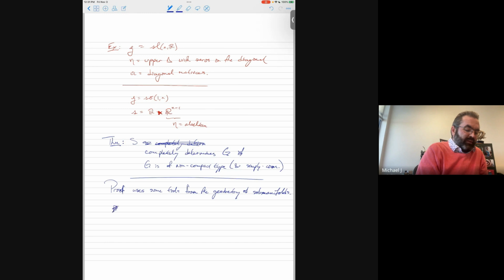So what do we have? We have S acts on G mod K, and so picks up a left invariant symmetric metric.